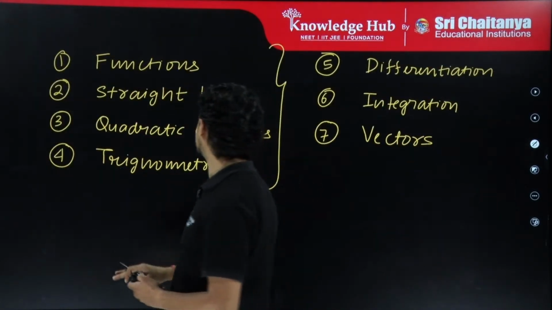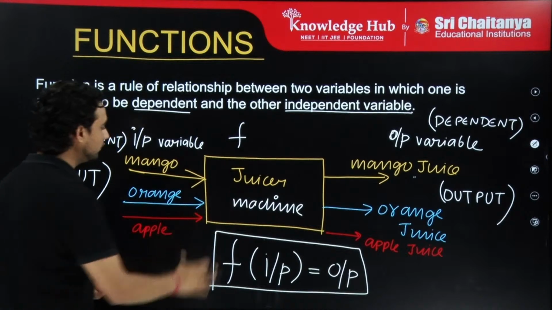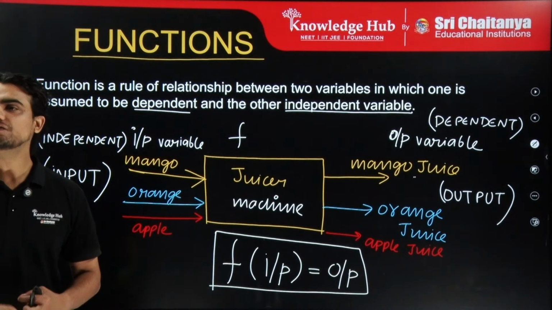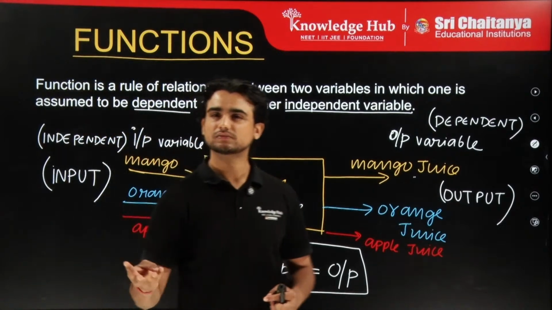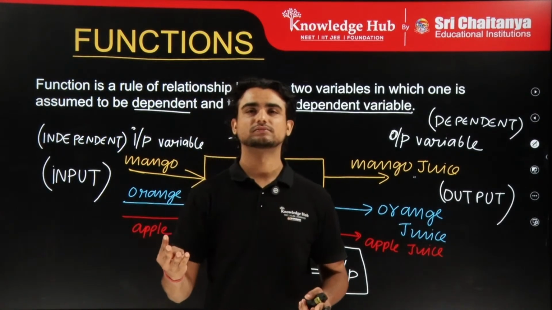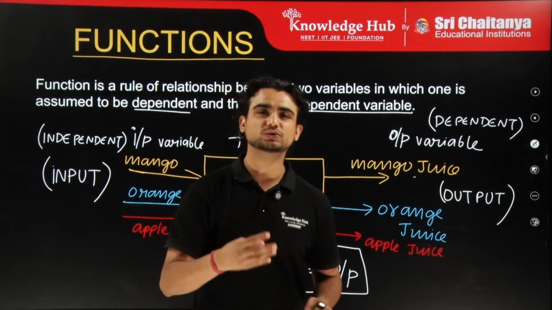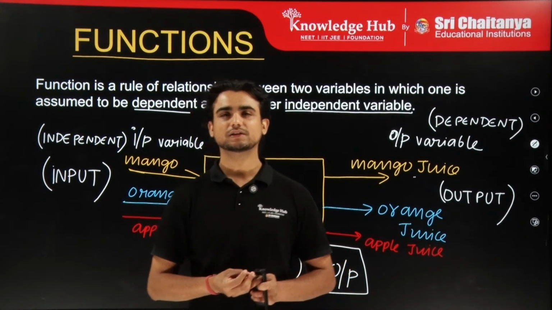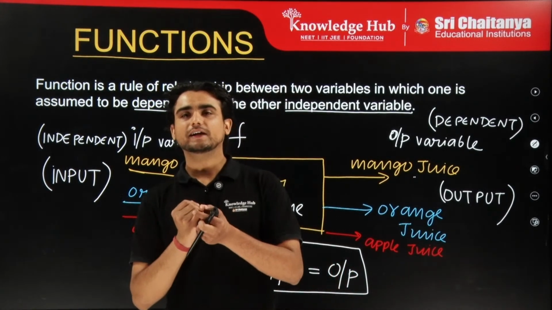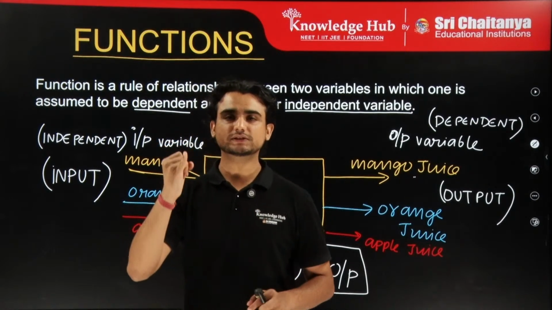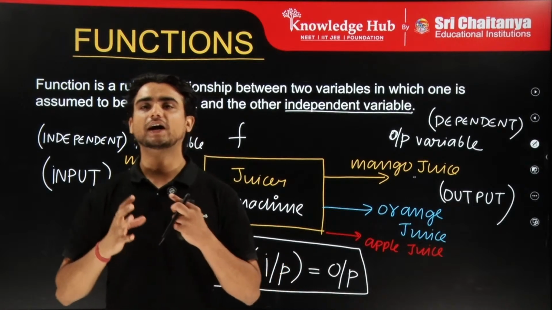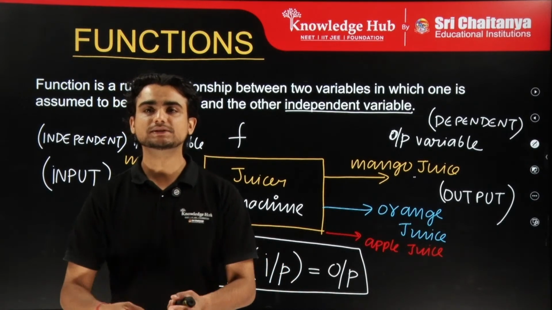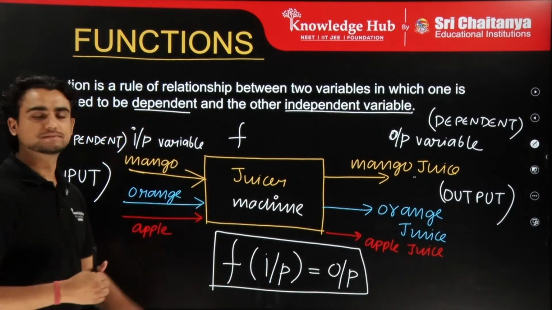I can give fruits, I can give vegetables, but can I give stones? Can I put clothes inside a juicer? No, right? So I can give input fruits and vegetables. These are the only possible items I can give to my machine.